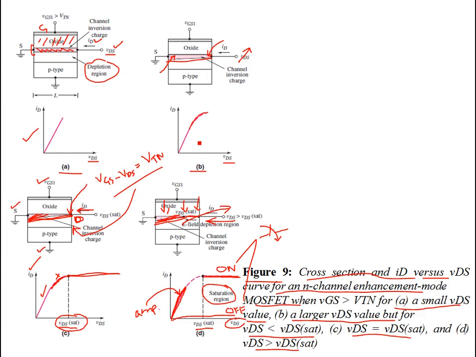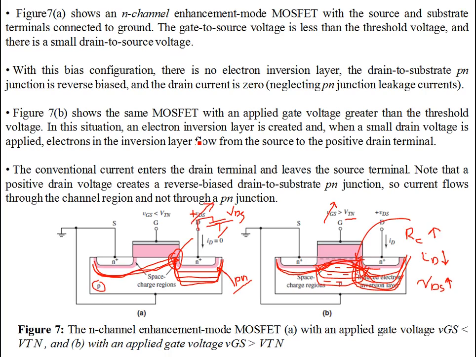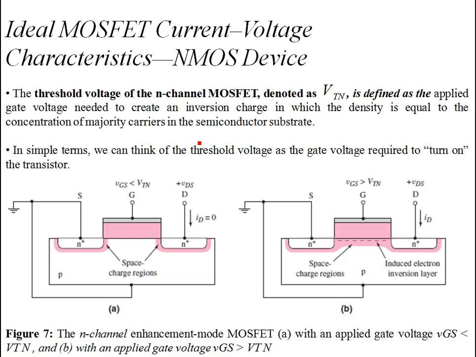So what happens is that when you increase your VGS, increasing VGS will create more charge carriers. Okay, so your channel width is increasing like this.